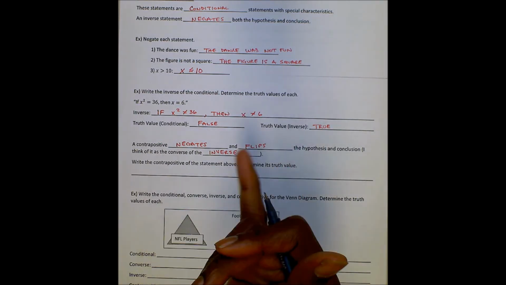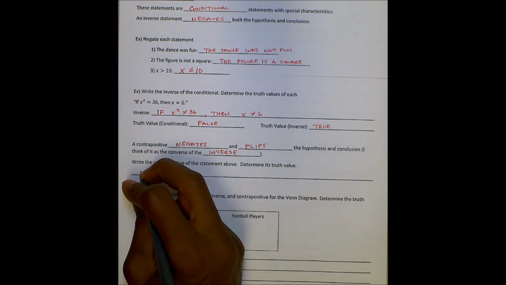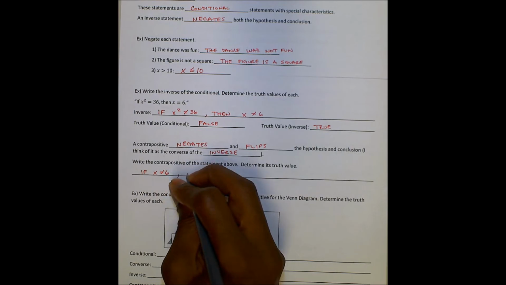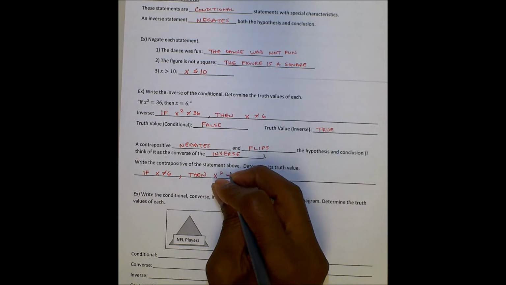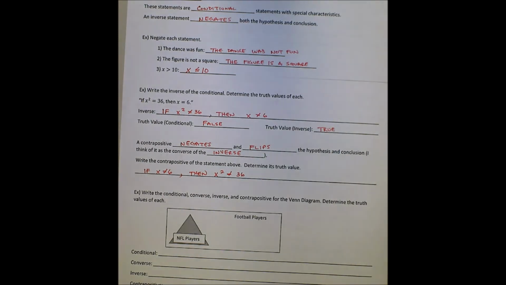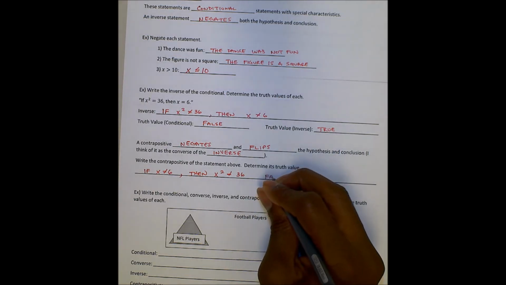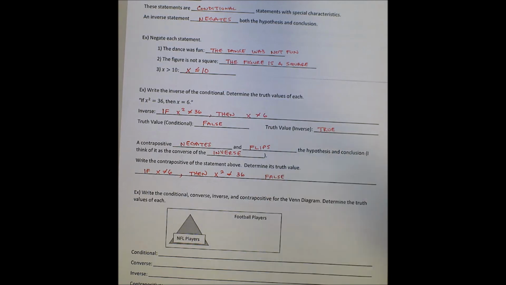So the contrapositive, we're going to negate them, but we're also going to flip them. So we're going to say if x does not equal 6, then x squared does not equal 36. And now as we already explained why our original conditional statement was false, this is false. Okay, because again, x could equal negative 6, and negative 6 squared would be 36.